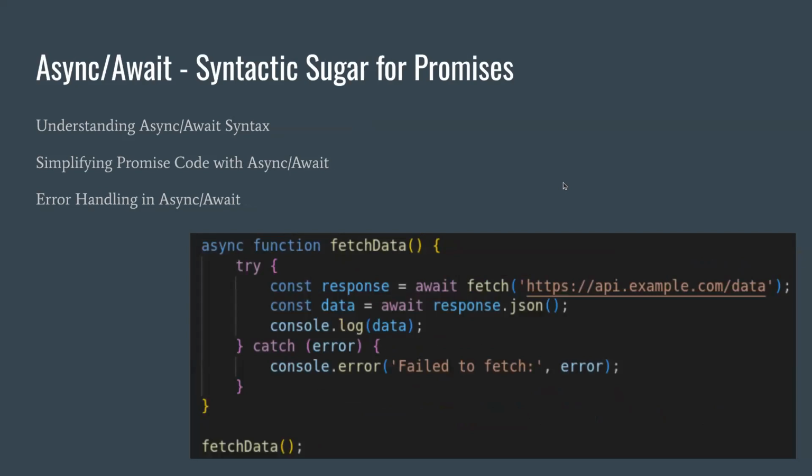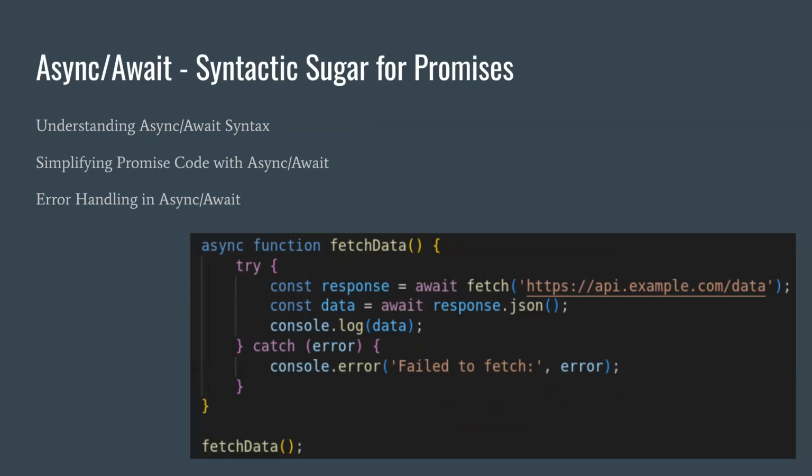Lastly, async await. Async await is syntactic sugar for promises, and it's used a lot in modern JavaScript. The reason why async await is used a lot is because it really simplifies the way we write asynchronous code.